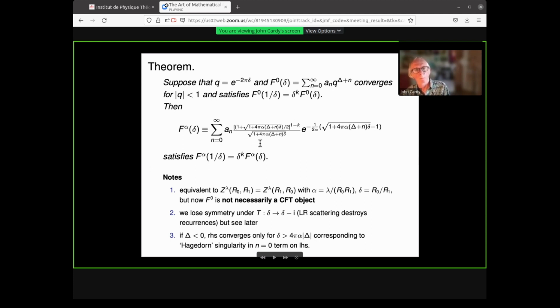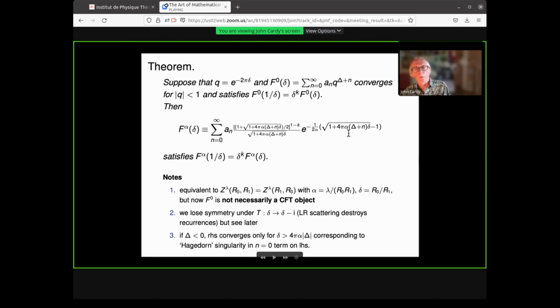And what basically happens is, in a conformal field theory, a_n is growing like the density of states. It's growing exponentially with the square root of n. And so only if delta is large enough is this series going to converge, because this has like e to the minus this.